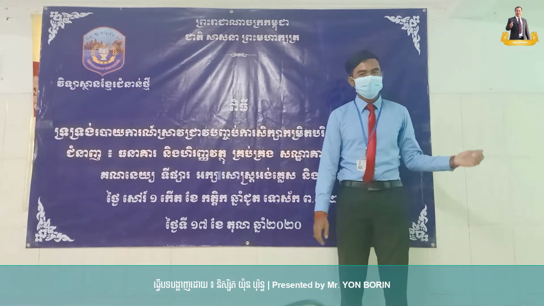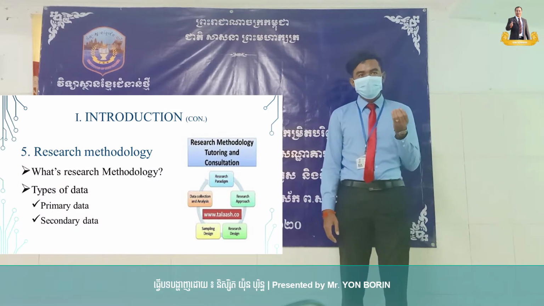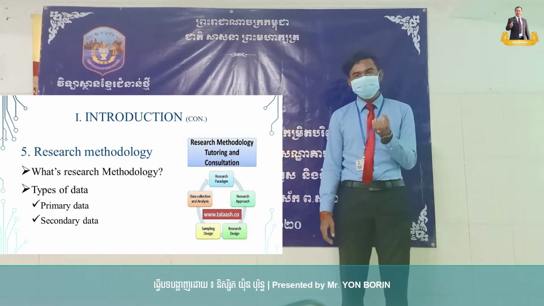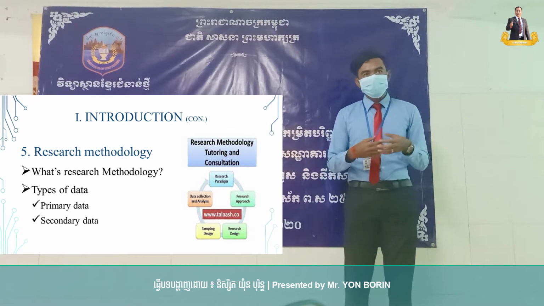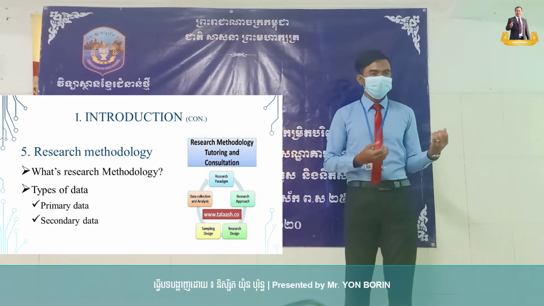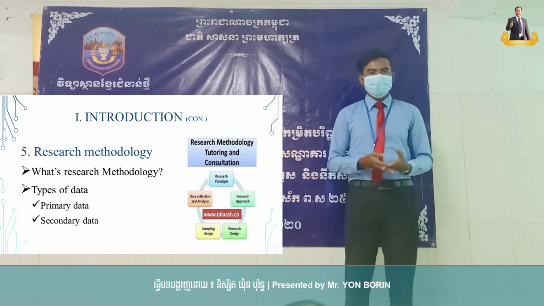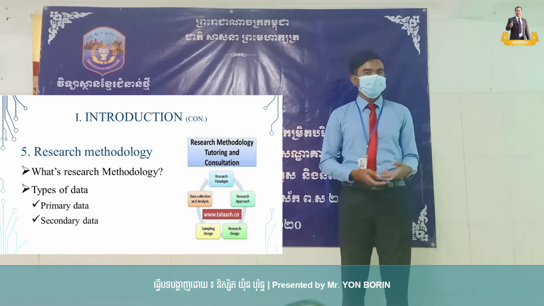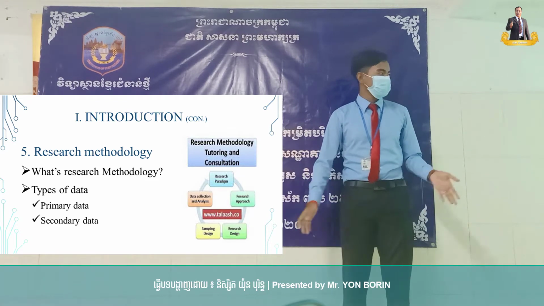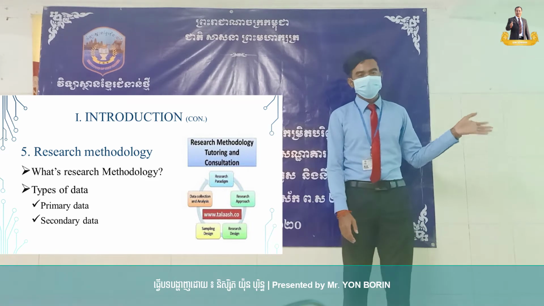The research methodology. Research methodology means the method that we use to search for something new, to get a tool, the reference, the way of collecting the data, data analysis, research question, literature review, and so on. And the next one is the type of data.